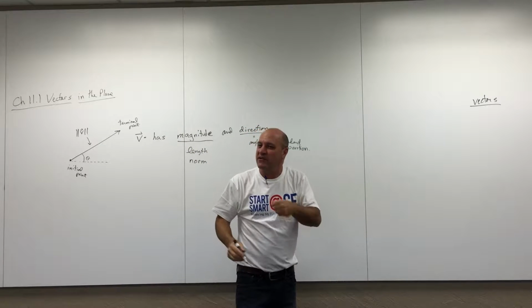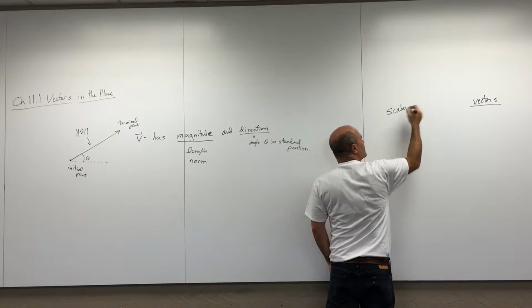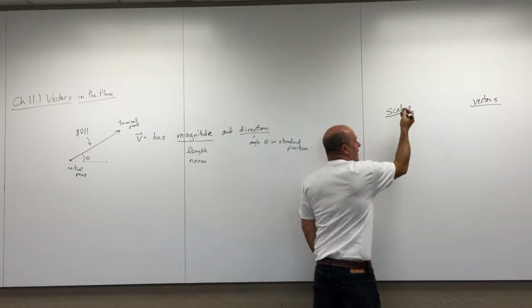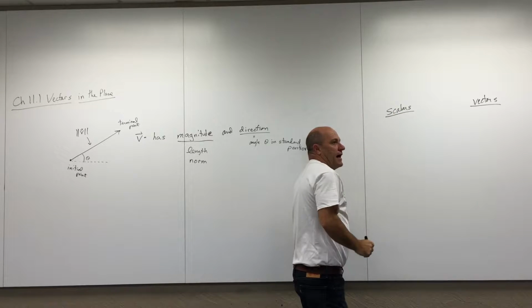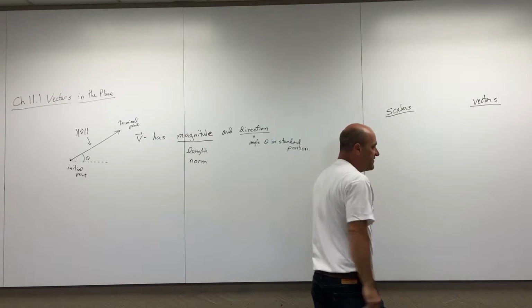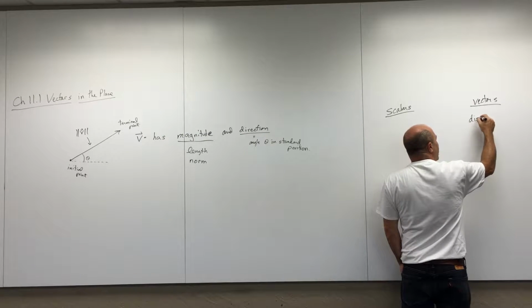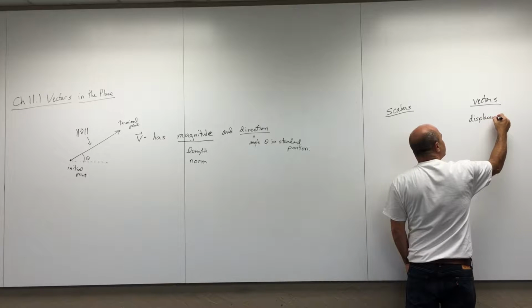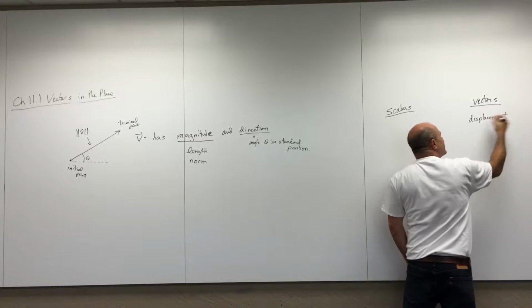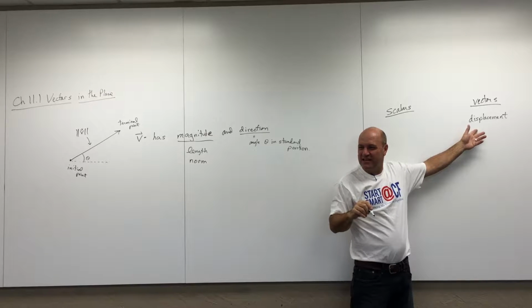Well, the word for that now is scalars. So scalars are these things that aren't vectors. They're numbers. And so what are some physical quantities for vectors? This first one is kind of a funny one: displacement. Really it's just distance, but when you want to write distance as a vector, you call it displacement.